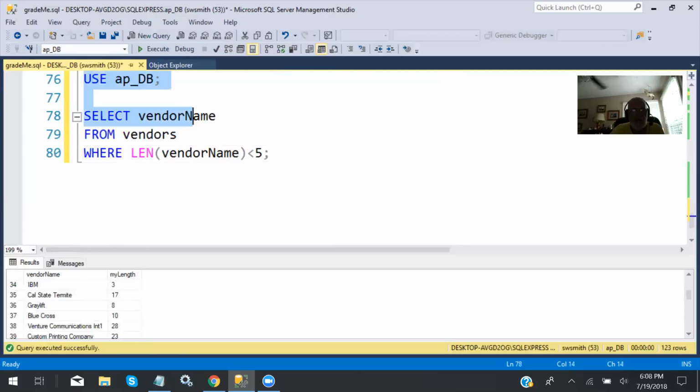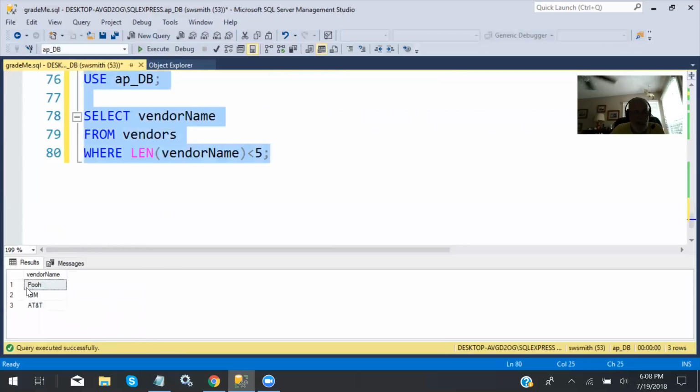So if I were to execute this, I'm only going to see very short vendor names like POH, IBM, AT&T. They have length of vendor name less than 5. So this one has 4 characters, 3 characters, 1, 2, 3, 4.